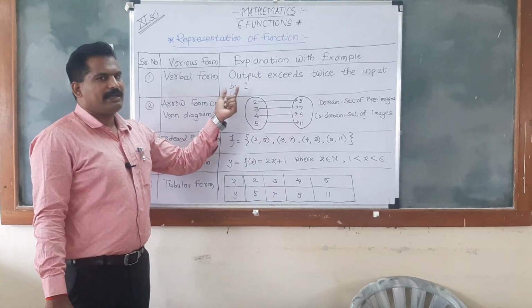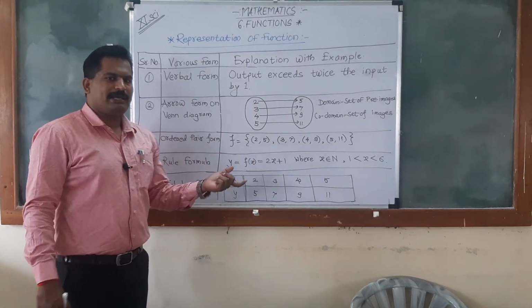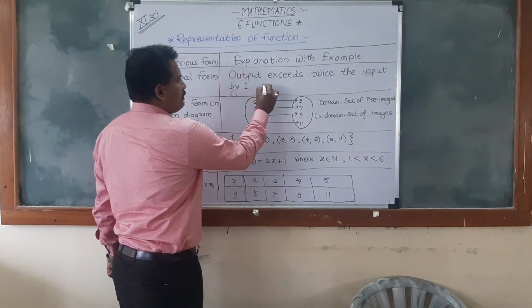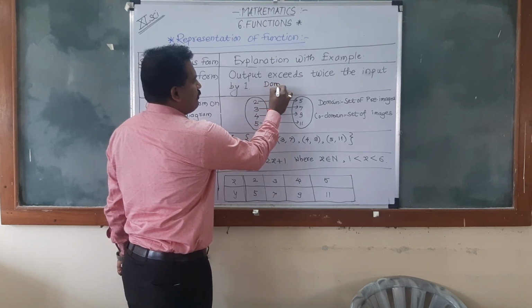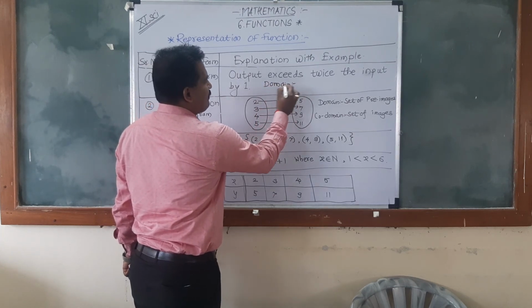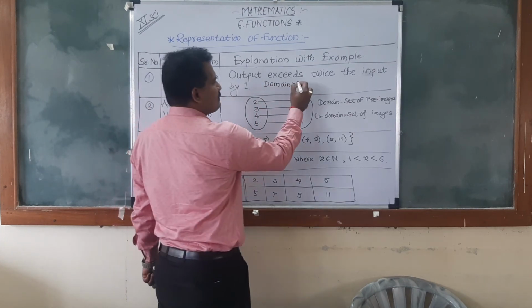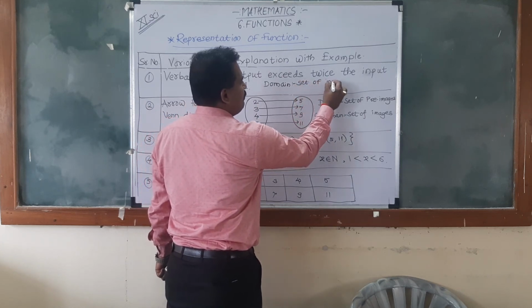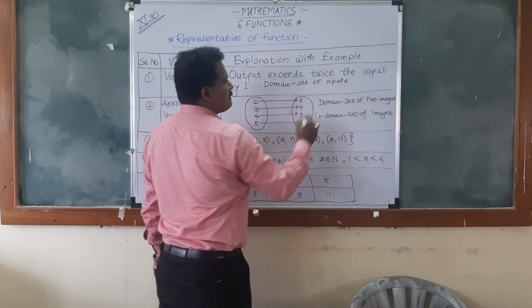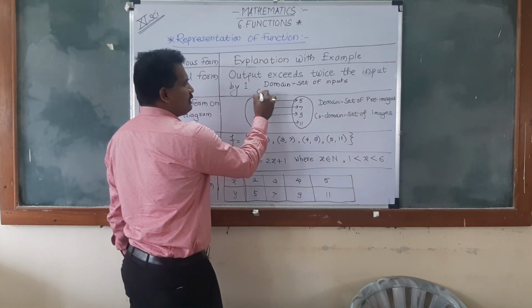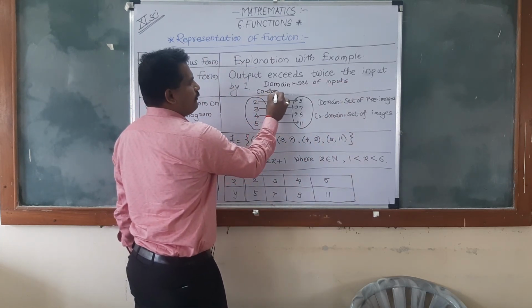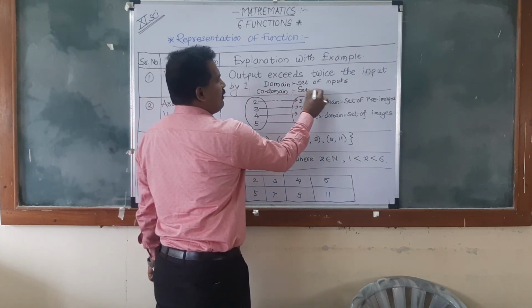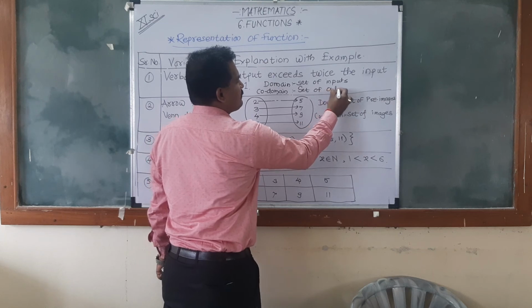Then we can find the domain and codomain. In this form, domain is the set of inputs and codomain is the set of outputs.